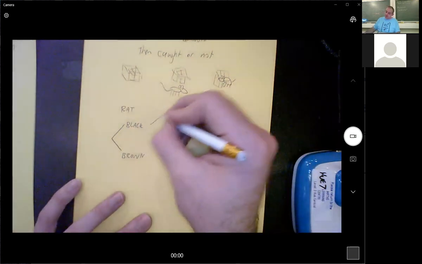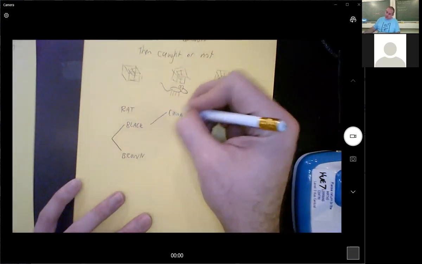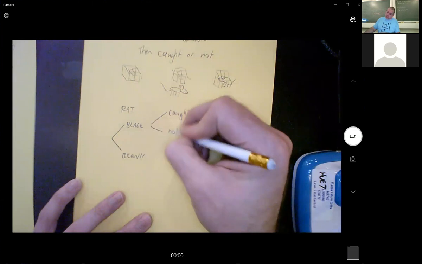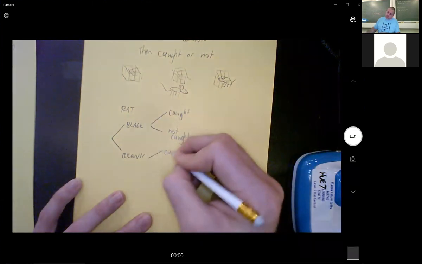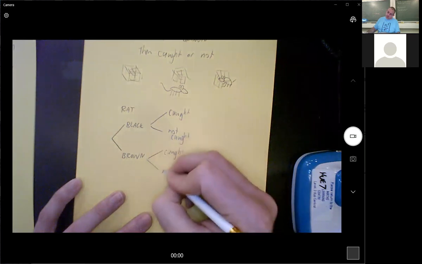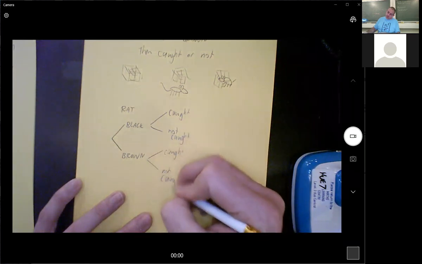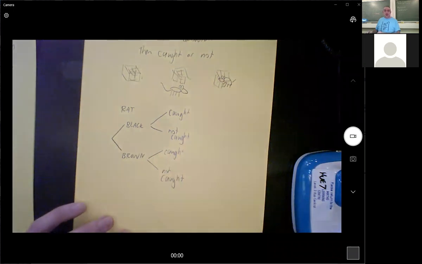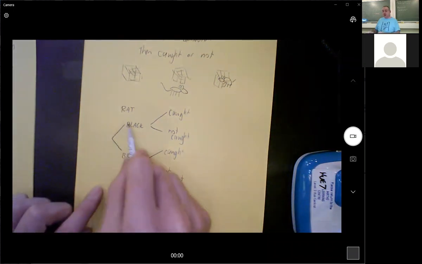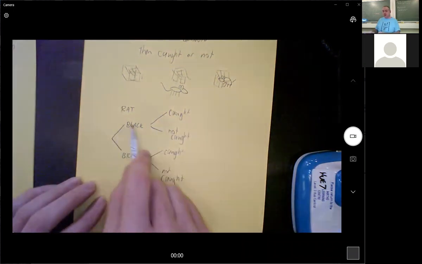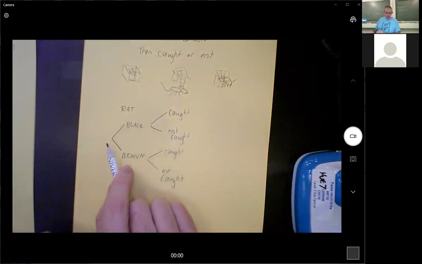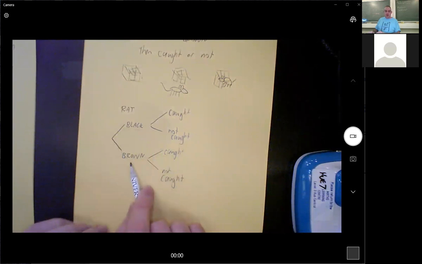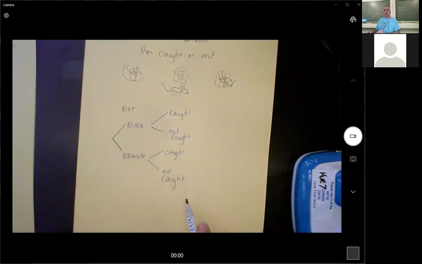And then afterwards it's either caught or it's not caught. So this is the story. A black rat comes along and it gets caught, or a black rat comes along and it doesn't get caught. A brown rat comes along and it gets caught, or a brown rat comes along and it doesn't get caught.